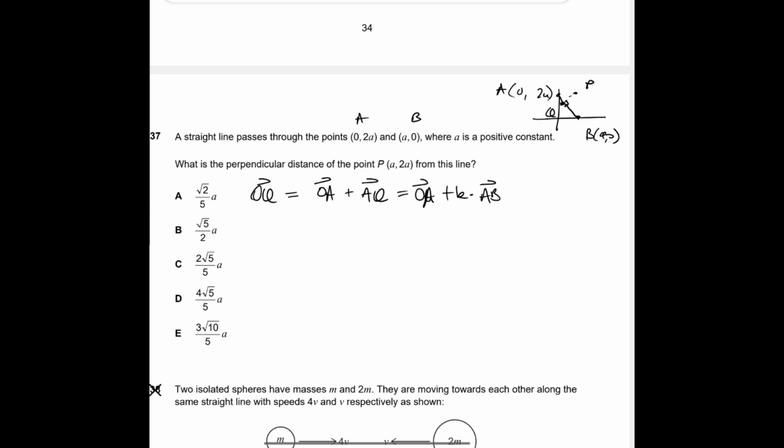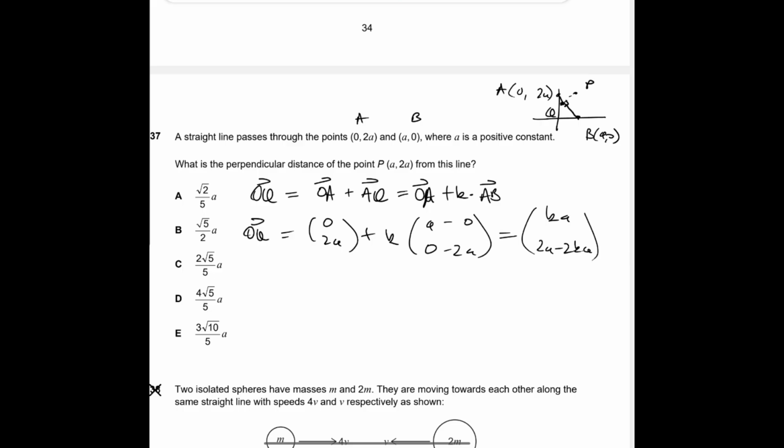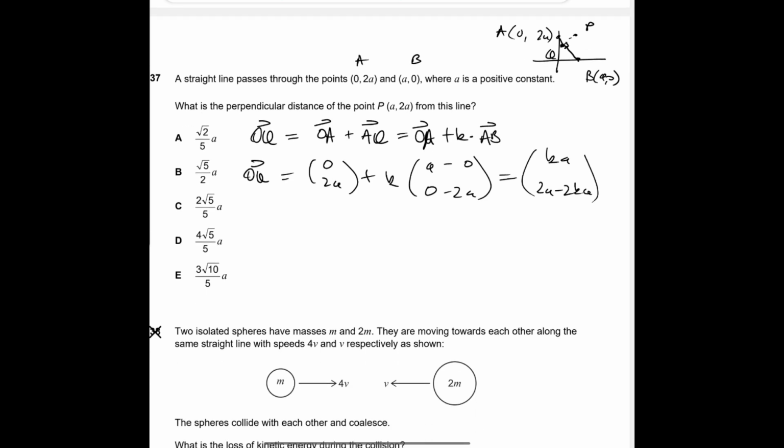Anyway, so that means OQ is going to be OA, which is (A, 0), plus K times AB, which is (KA, 2A minus 2K). So that's OQ.